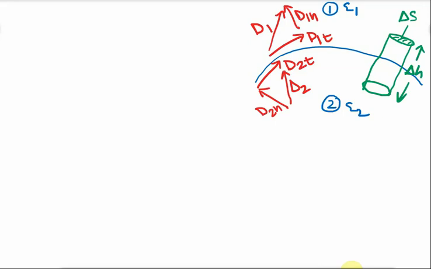Now this D equals epsilon E, and D can also be resolved into two orthogonal components, that is Dt and Dn. T is the tangential component and n is the normal component.